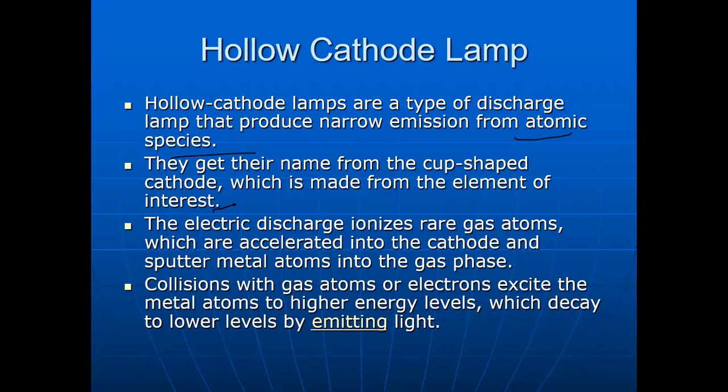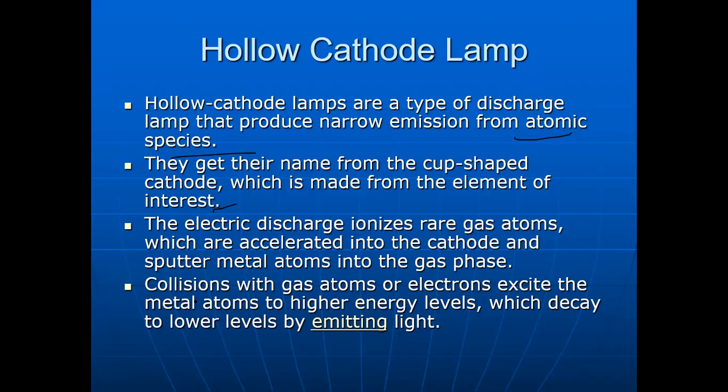There is an electric discharge in a rare gas. What will happen when we pass electricity in that cathode lamp? The rare gas ions are accelerated into the cathode and sputter metal atoms into the gas phase. So this particular atom will move to the gas phase. The collision with the gas atoms excites the metal atoms, and they decay from higher energy to lower energy.